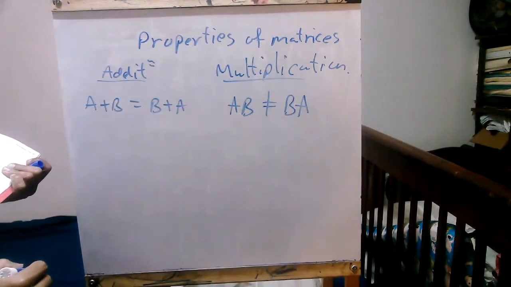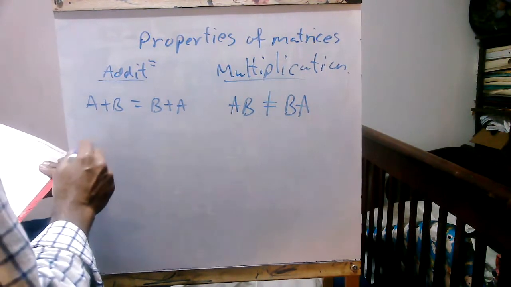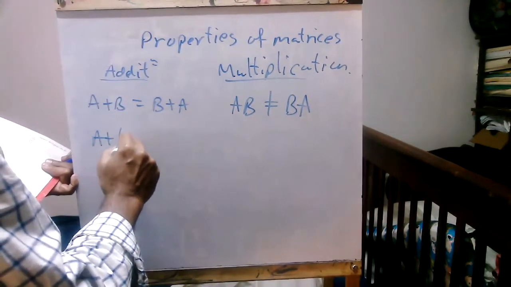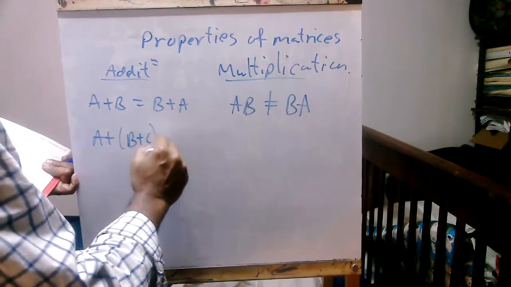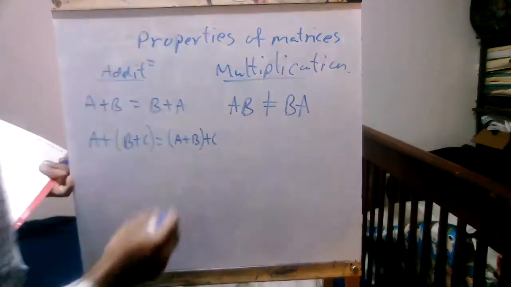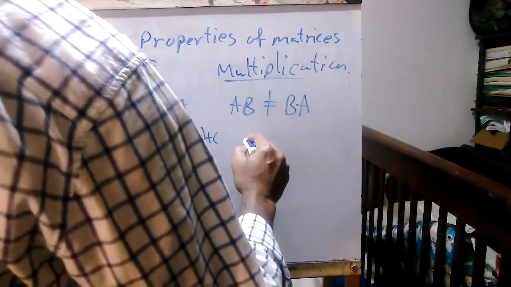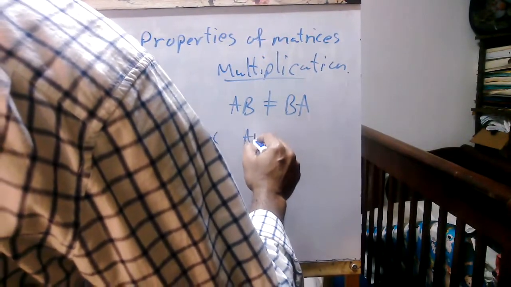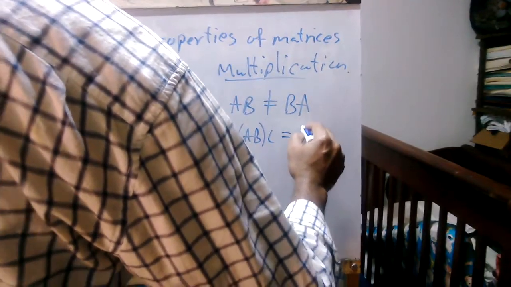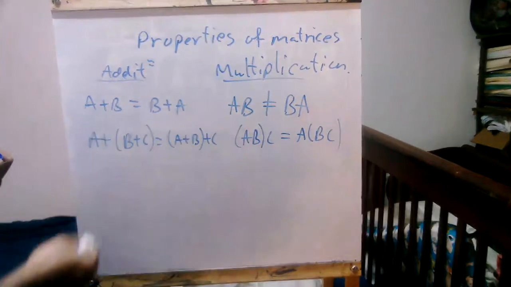Right? Under addition, A plus B plus C is the same as A plus B plus C grouped differently. It is the same with multiplication. AB times C is the same as A times BC. Means they are both associative.